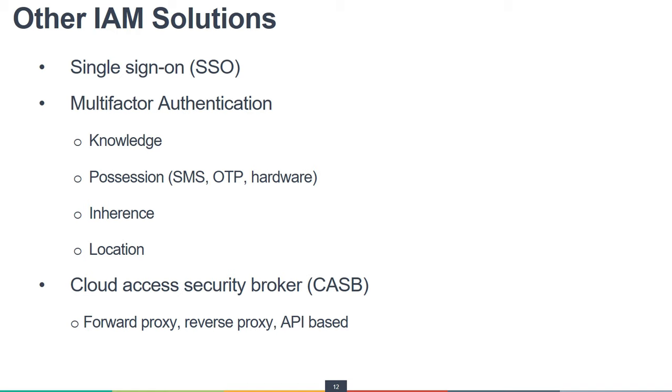So what is CASB? It is a software application that sits between the cloud user and the cloud. For example, you are the actor who wants to access a particular service, and we have CASB in between.